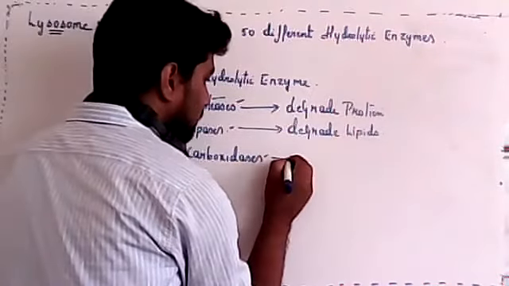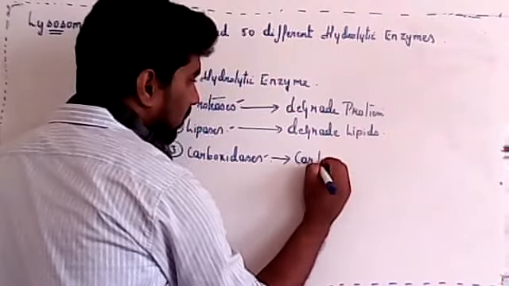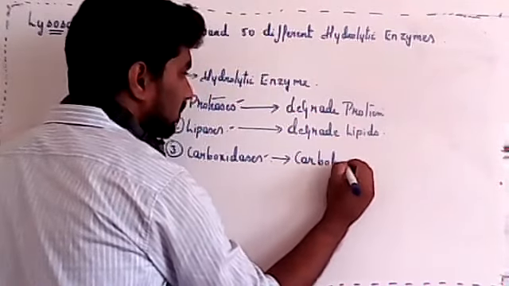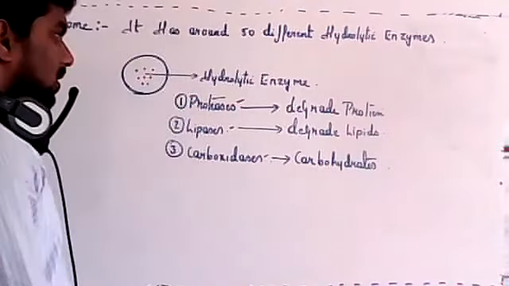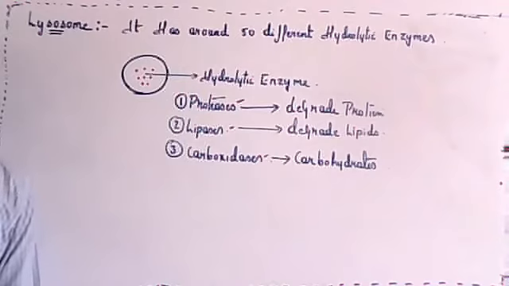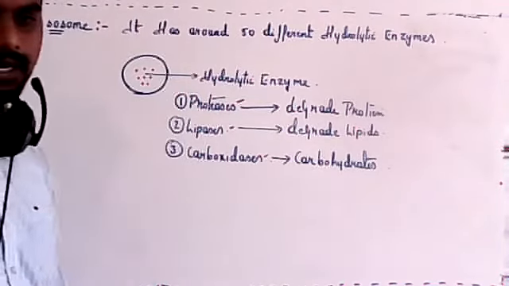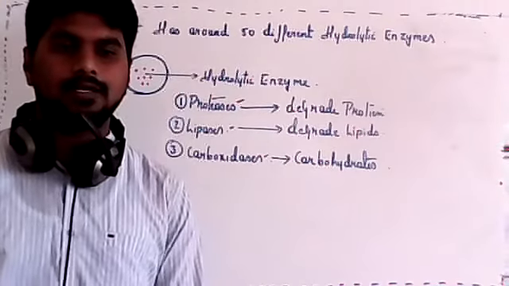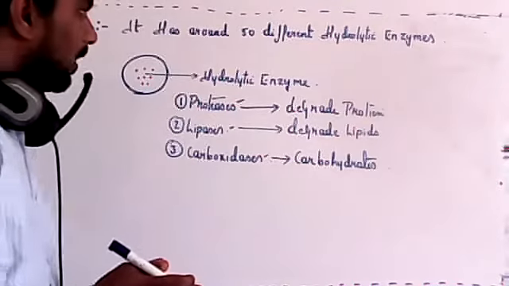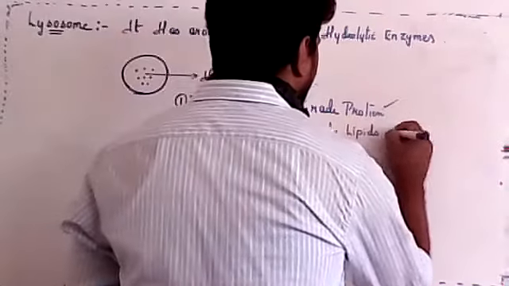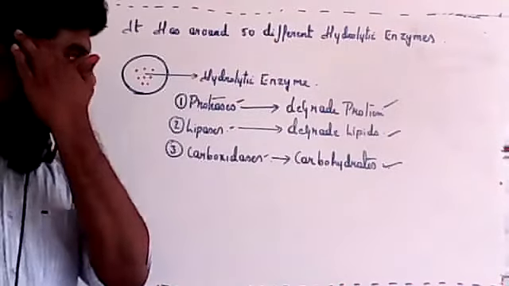Then carboxylases will degrade carbohydrates. So these are the three main enzymes present in the lysosome. The first one is protease, second is lipase, and third is carboxylases. Protease degrades protein, lipases degrade lipids, and carboxylases degrade carbohydrates.